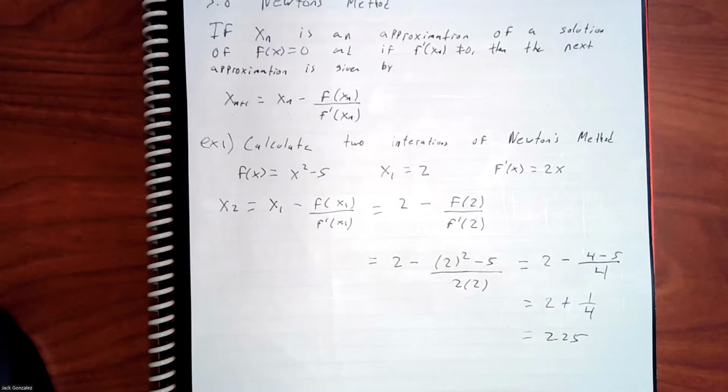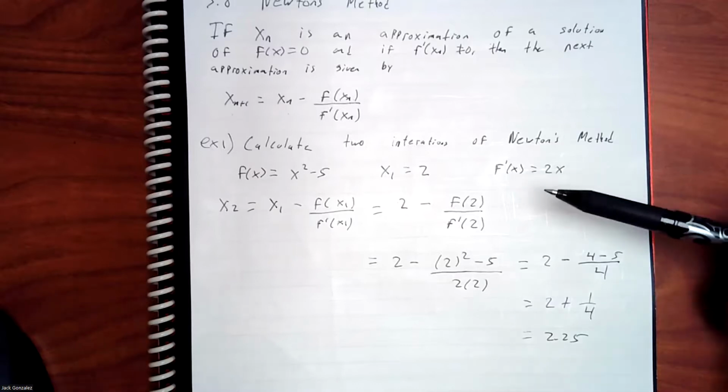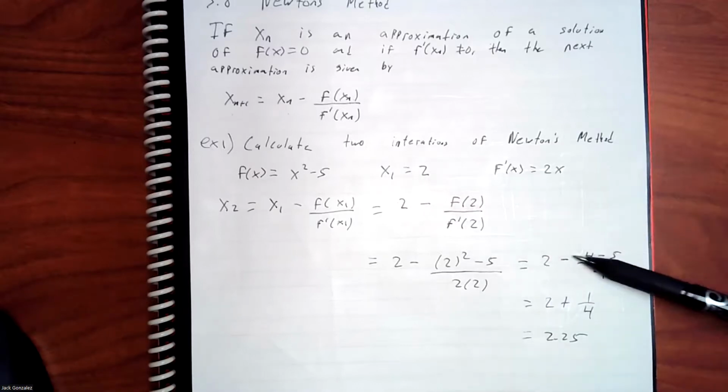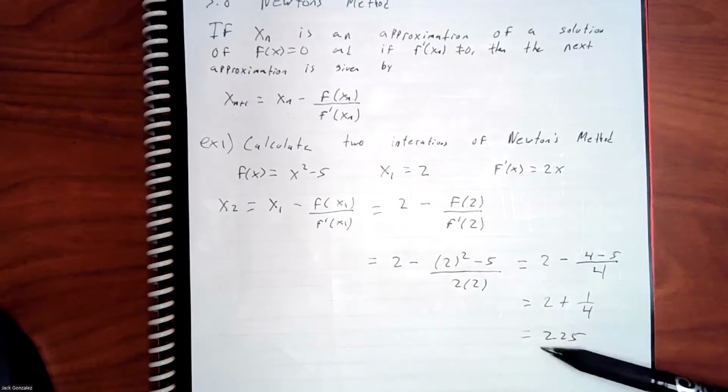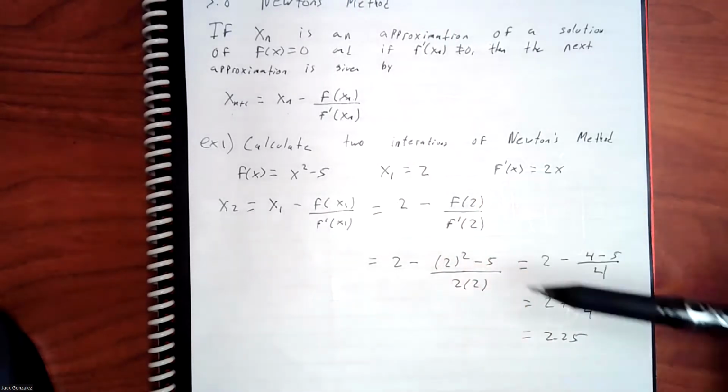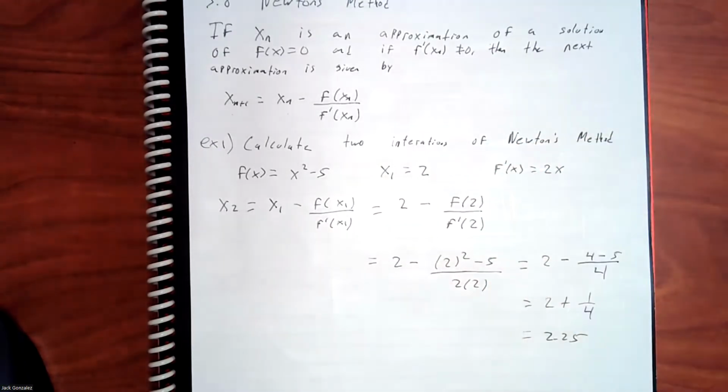Instead of cranking out that formula by hand, the calculator or computer would do all these calculations 100 times, get this answer, plug it back in, get the next one, plug it back in. It'll keep doing that until you tell it to stop.